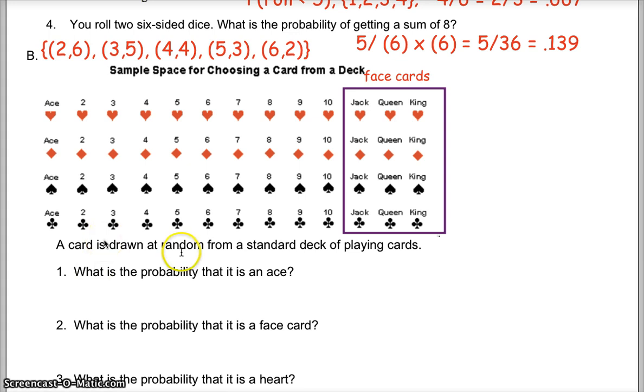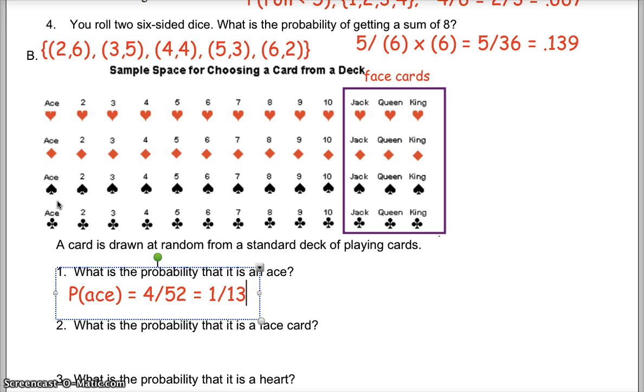Okay, so a card is drawn at random from a standard deck of playing cards. What is the probability that that card is an ace? So we're finding the probability that our card is an ace. We know that we have 4 aces total out of 52 cards, or 1 out of 13 for our probability.